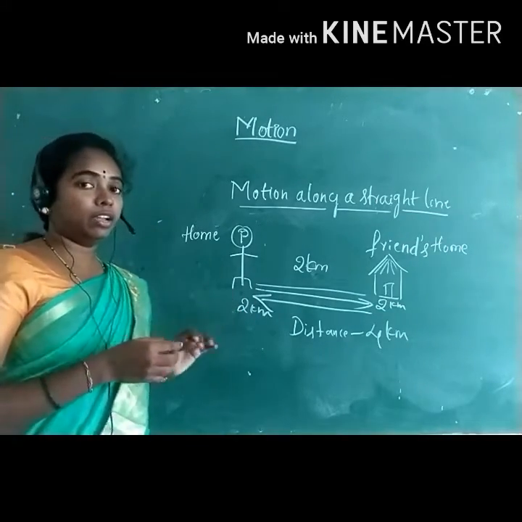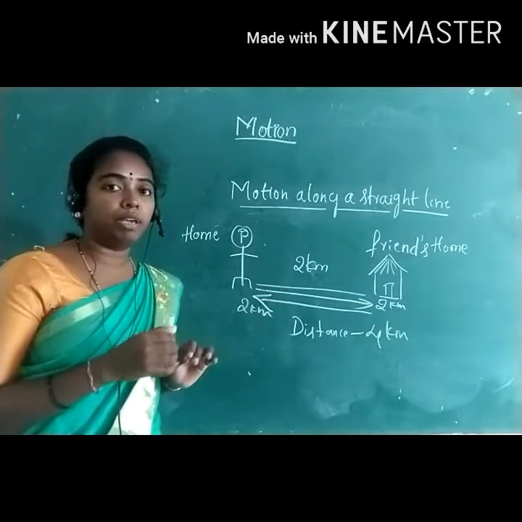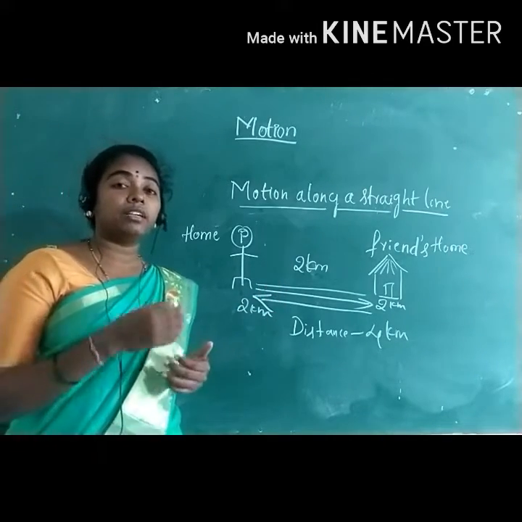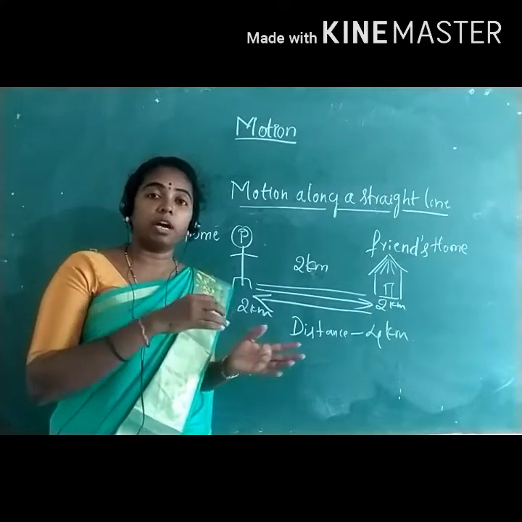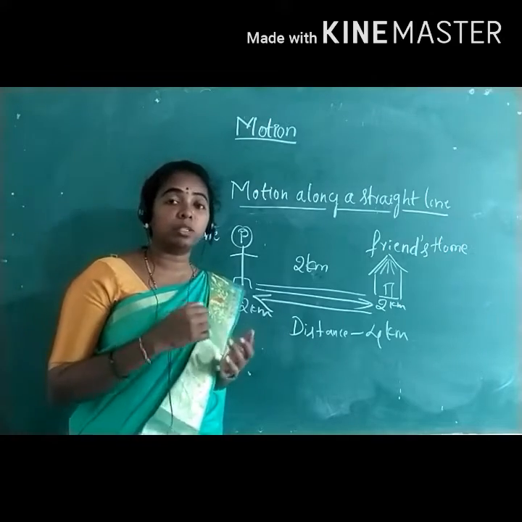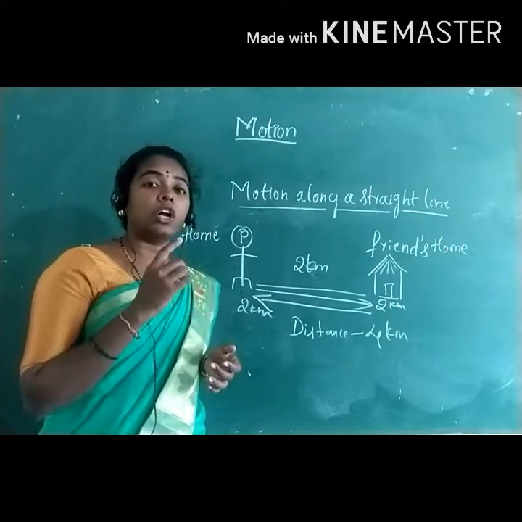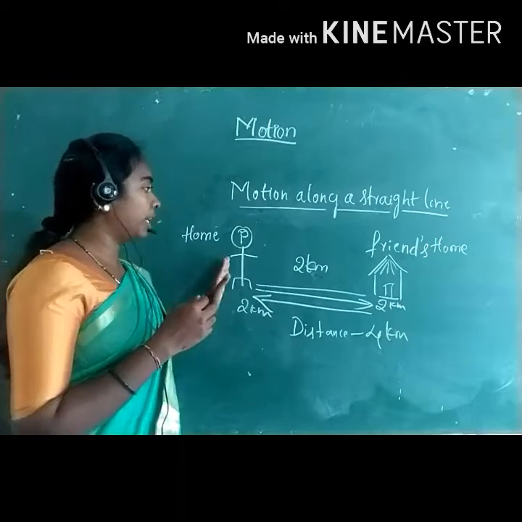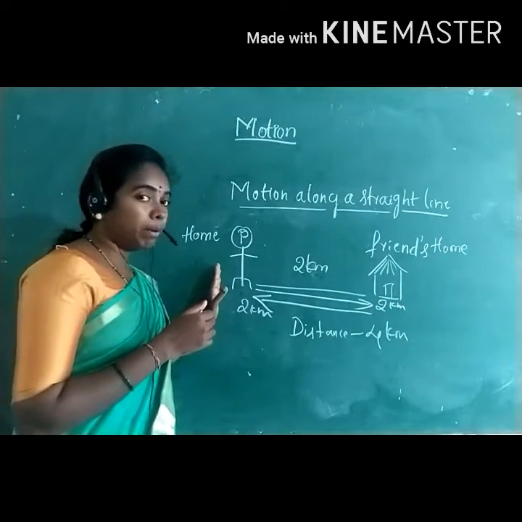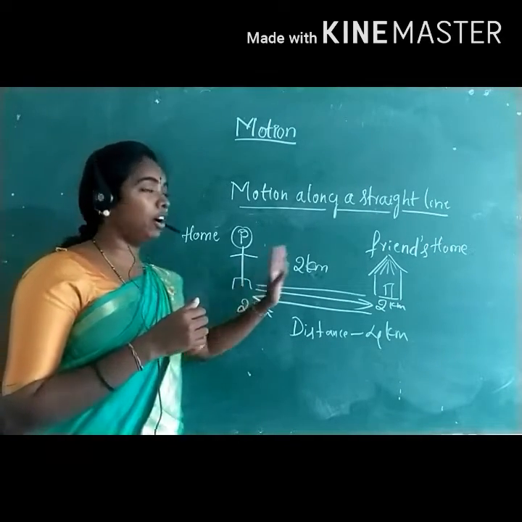In that way the traveled distance will be cancelled. We will consider direction when we come to displacement. So displacement is the shortest path traveled by the object from initial to final.